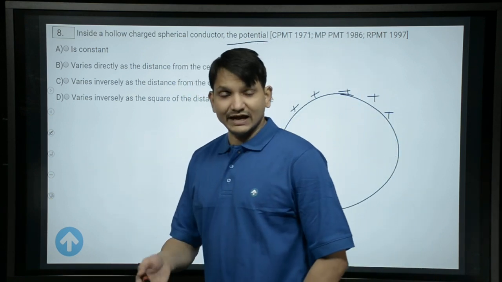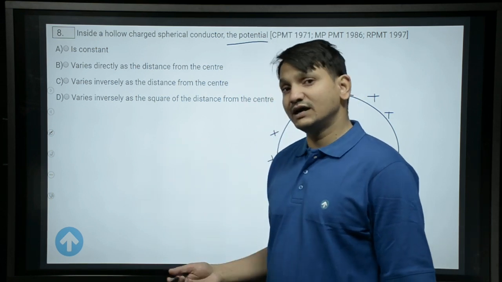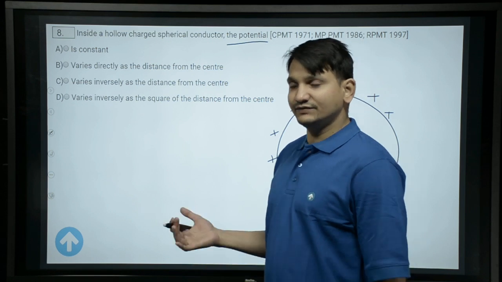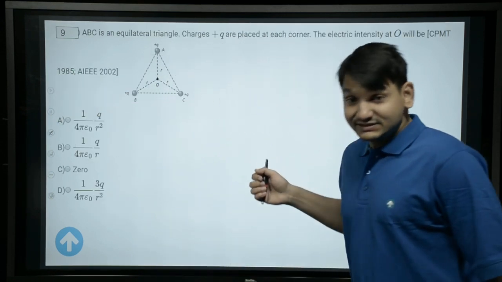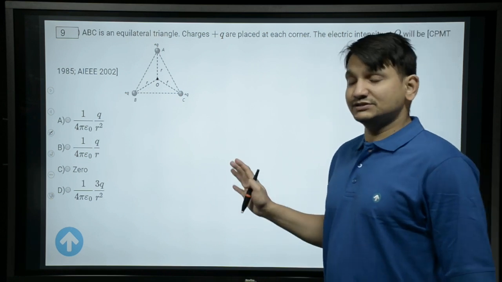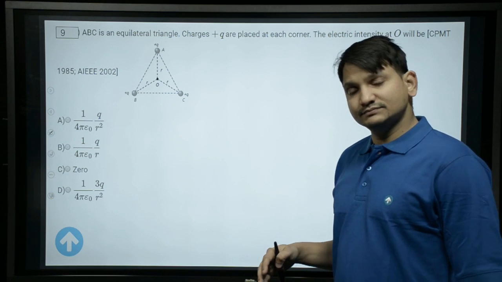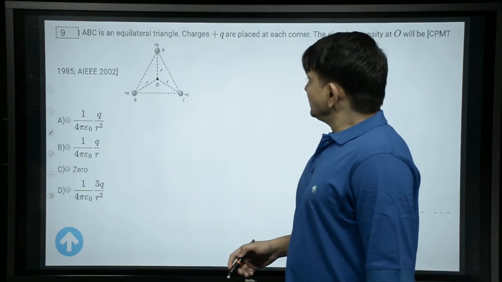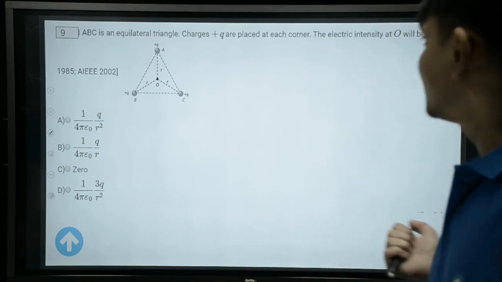I'll try to have this in a recap part so that before moving to the next part of our discussion, we'll keep these questions and try to answer that. Question number 9. This is a very nice question based on diagrams, and some analysis is involved here. Try to take a note. I'll try to explain some part of it.